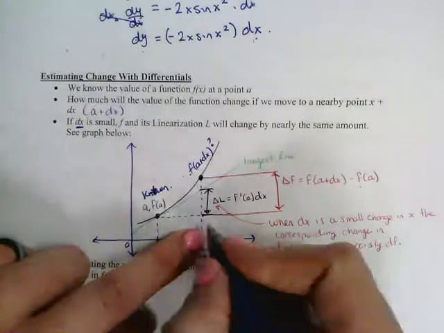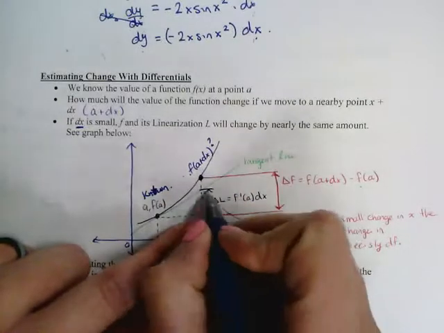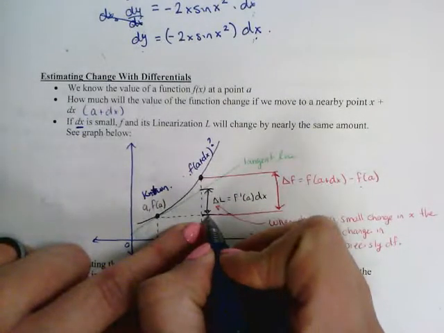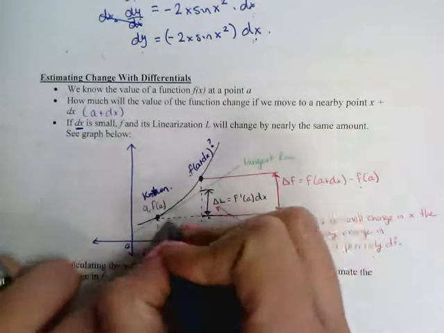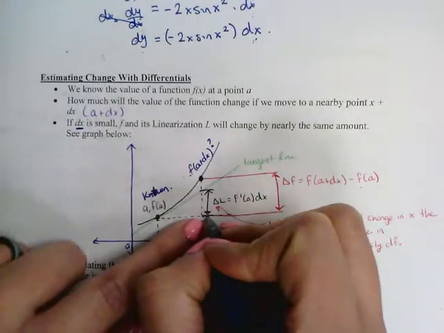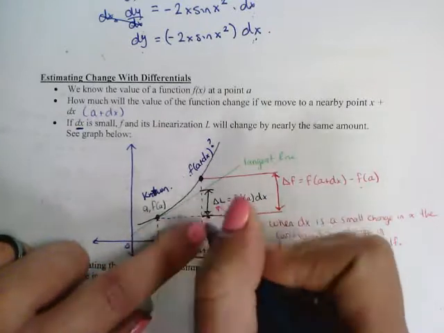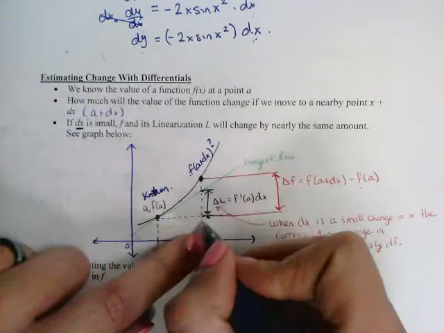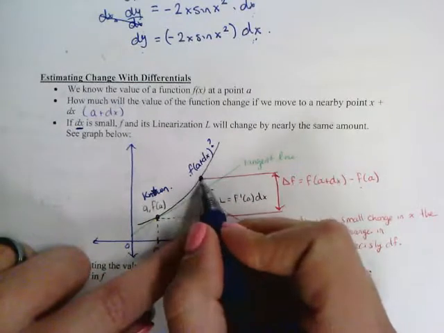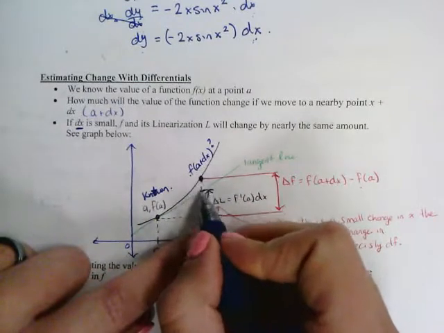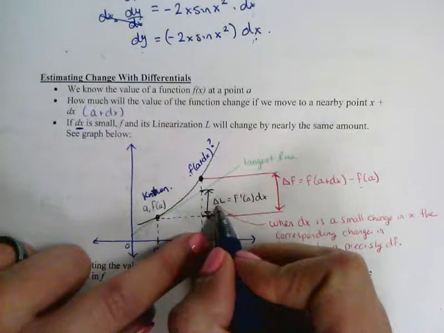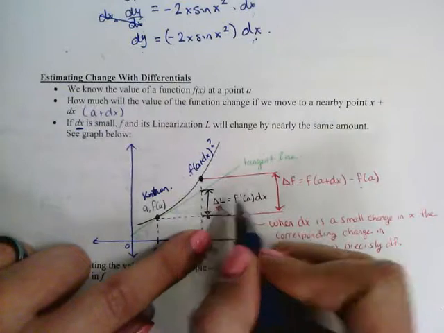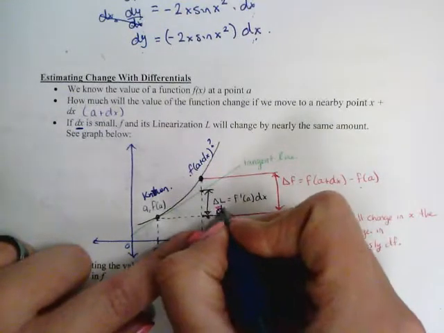And then we need to figure out the change in the linearization. At this point we can approximate where the linearization is, but we cannot figure it out for this one, so we are approximating what that point is, and that is what change in L is, aka dy.